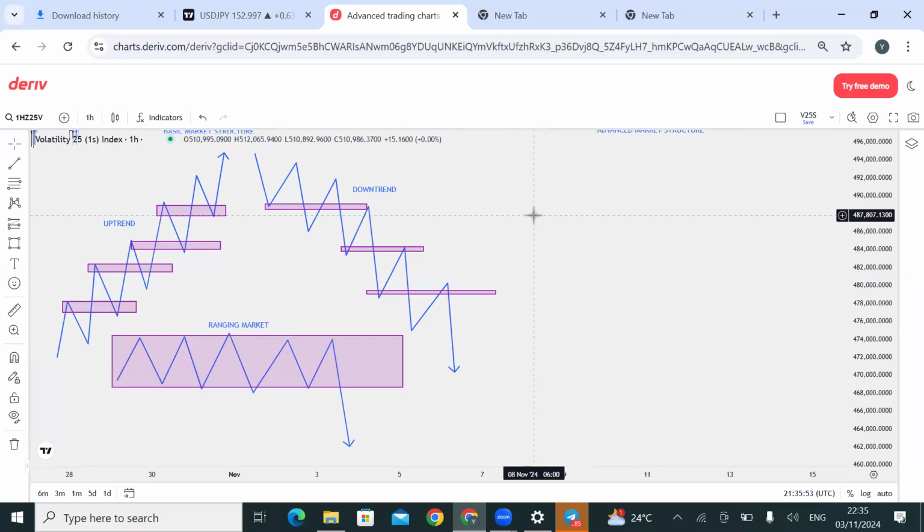So we have three types of market structure. You should always stick it in your mind that we have three types of market structure: uptrend, downtrend, and ranging market. It's very, very simple. And that's how the basic market structure works.